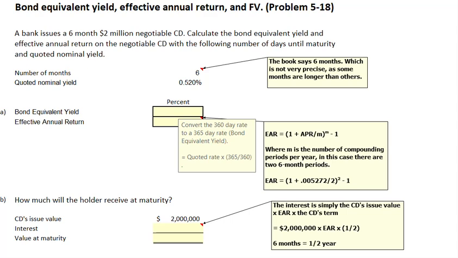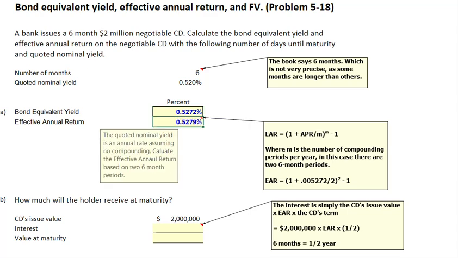So we just need to take the quoted nominal yield and multiply it by 365 and divide by 360. And that's going to give us our bond equivalent yield. Then we need to calculate our effective annual return, and we can do that with our EAR formula, which in this case isn't too bad since it's a number of periods, or we could use our financial calculator, and we're going to get 0.5279%.